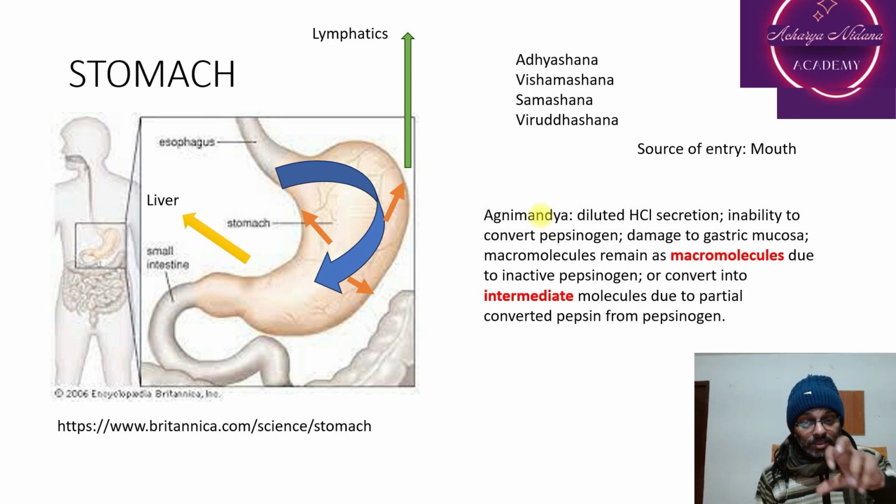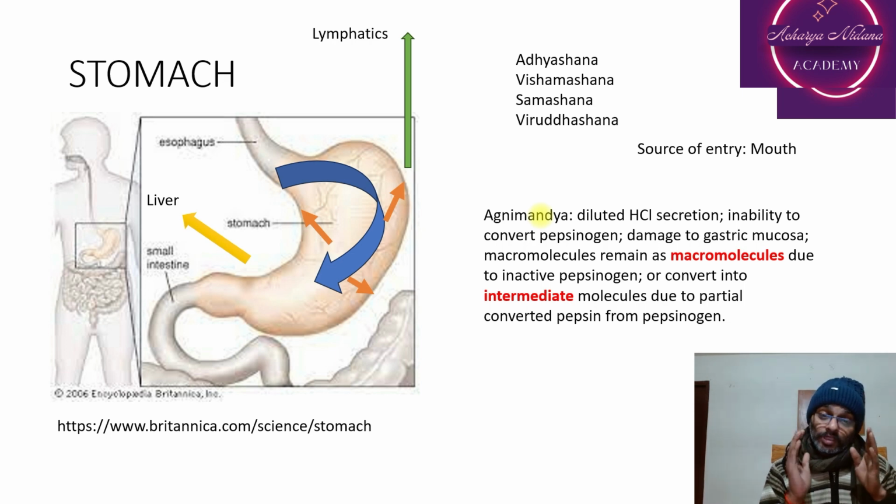When this happens, the macromolecules are not in a position to be converted into intermediate molecules or micromolecules. Hence, they stick to the walls of either the greater curvature or the lesser curvature. This is how they may remain on the stomach wall for a longer amount of time.